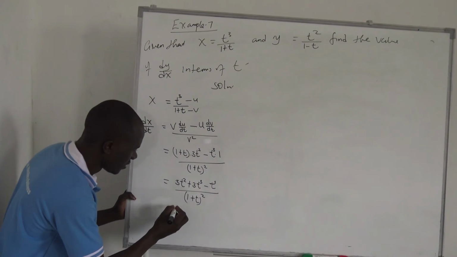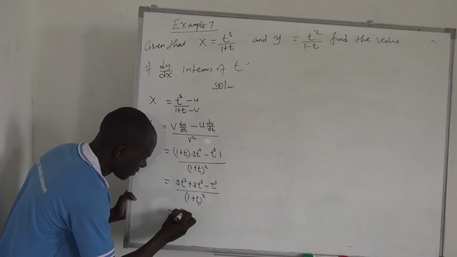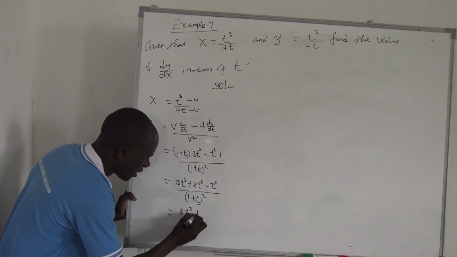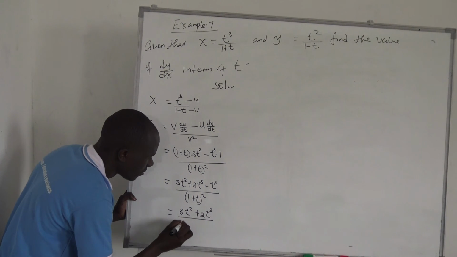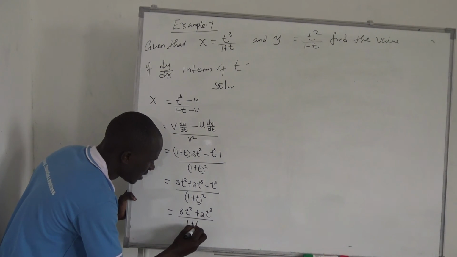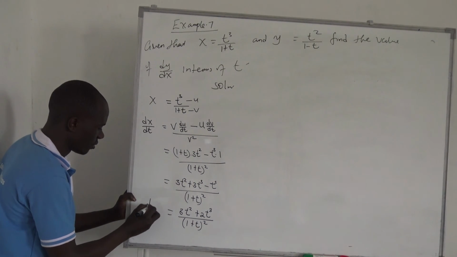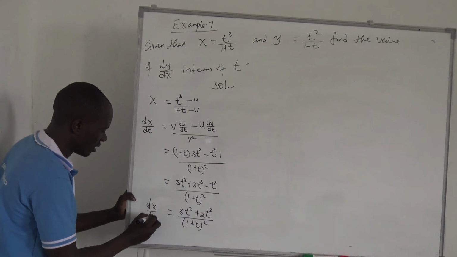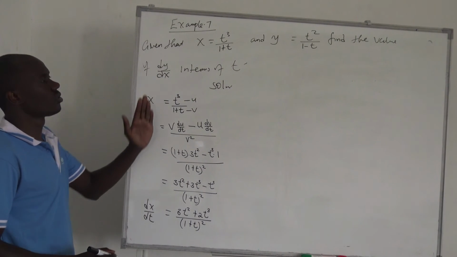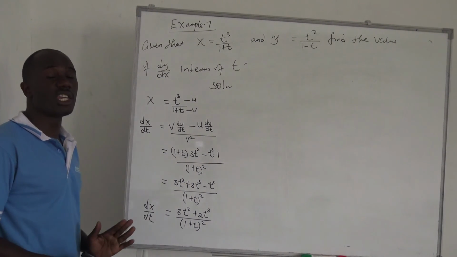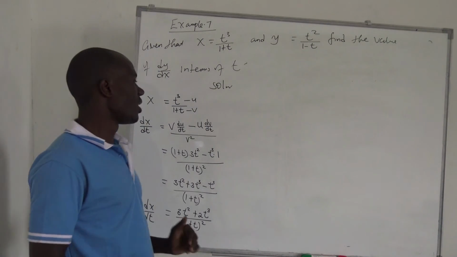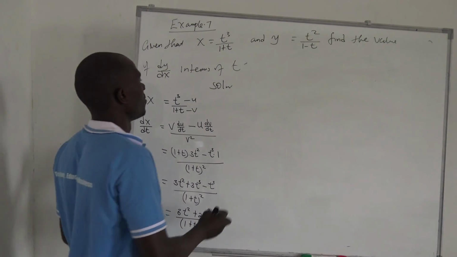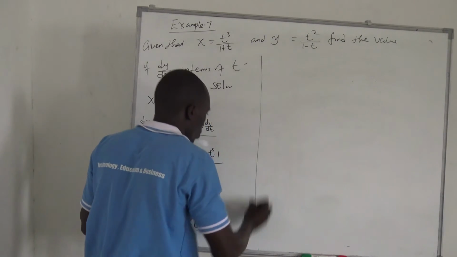This one becomes 3t squared plus 2t cubed all over 1 plus t, the whole of it squared, which is equal to dx/dt. So you can see we have used our quotient rule to obtain dx/dt. So we are also going to obtain dy/dt using the same quotient rule.